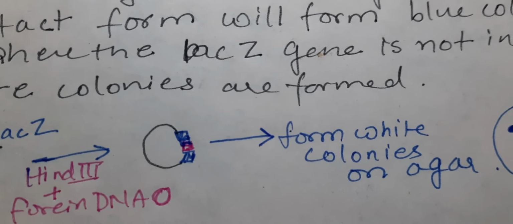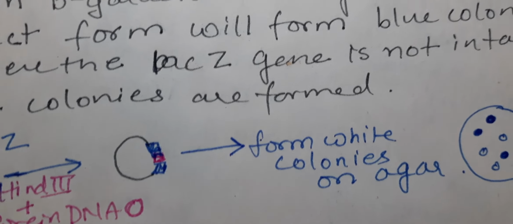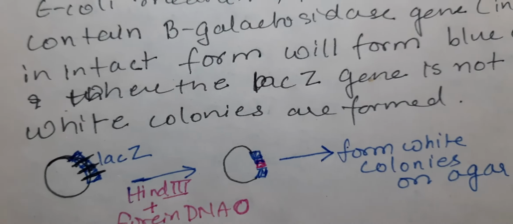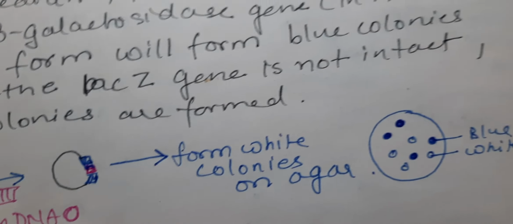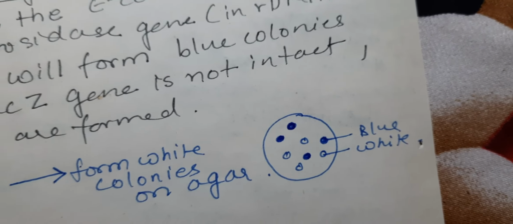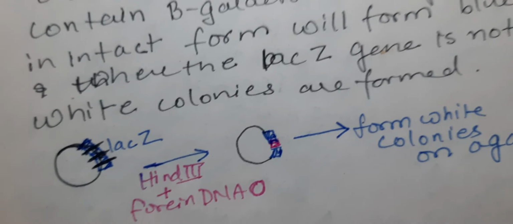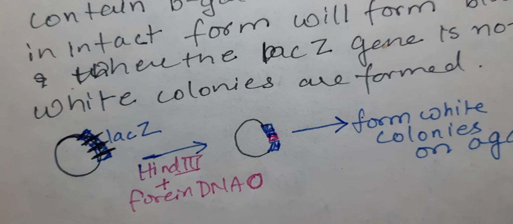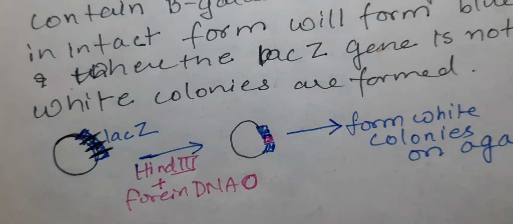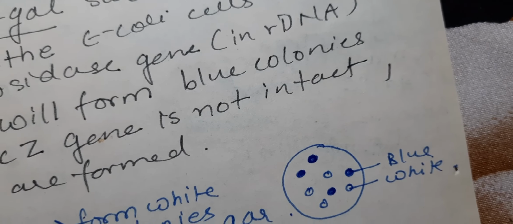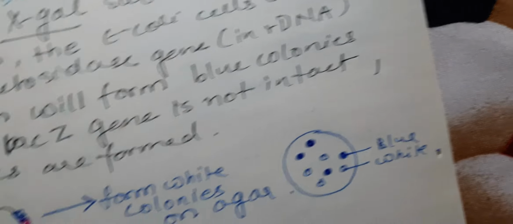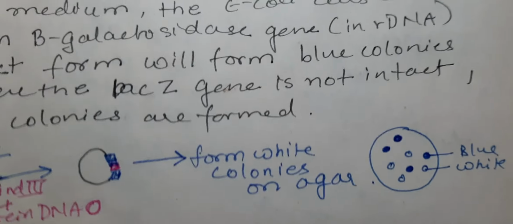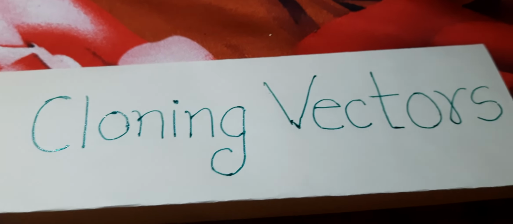So this is inserted. Once inserted, this lacZ gene becomes non-functional, and it forms white colonies on agar. The E. coli cells which have not taken up the foreign DNA will form blue. So you can select between blue and white. So this is called blue and white selection. So this is all about the gene transfer method. Thank you.